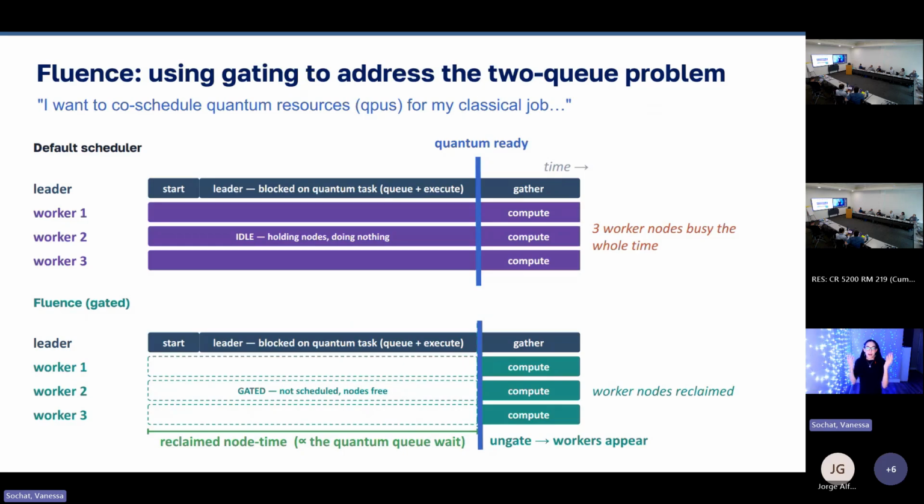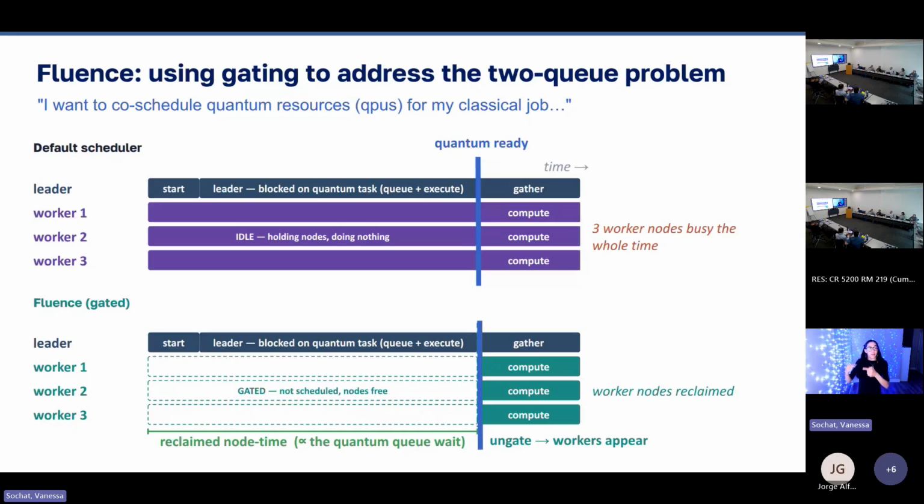And then when we map Fluence or Kubernetes into this particular space, the strategy that we use, if you look at the bottom, is that Fluence launches a leader pod that is going to submit the task for your quantum work. That leader pod automatically has a sidecar that is going to monitor the queue.